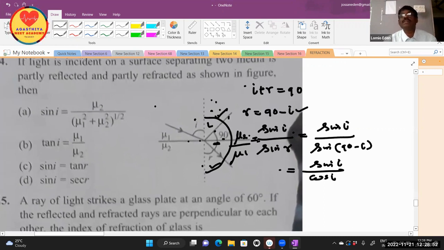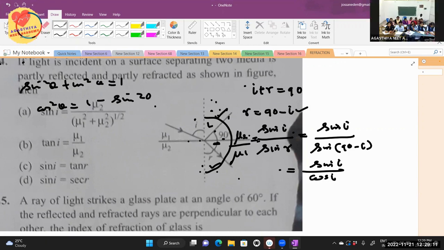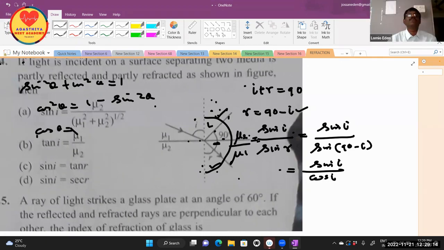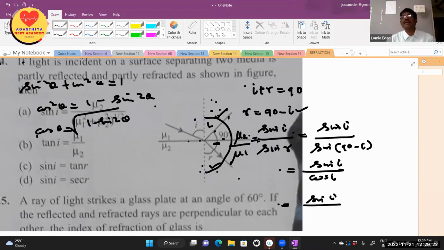Sin I is in terms of what? It is in a different form. So what we do is, you know that sin squared theta plus cos squared theta is equal to 1, isn't it? So cos squared theta is equal to 1 minus sin squared. Therefore cos theta is equal to root of 1 minus sin squared. See, here also let us write cos I as root of 1 minus sin squared I. Correct?